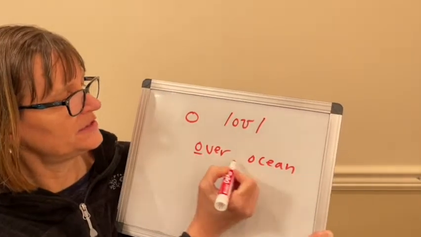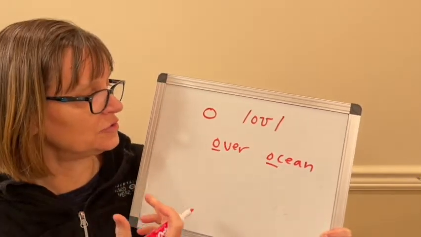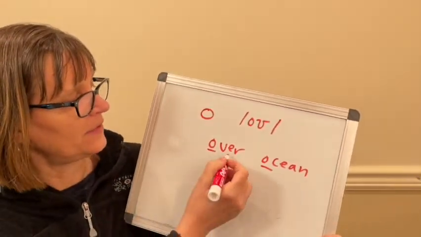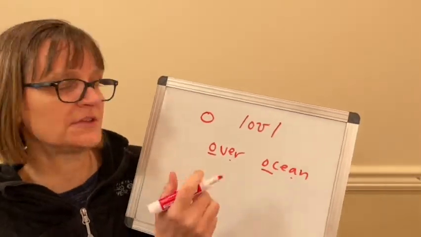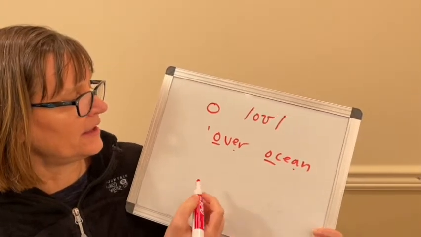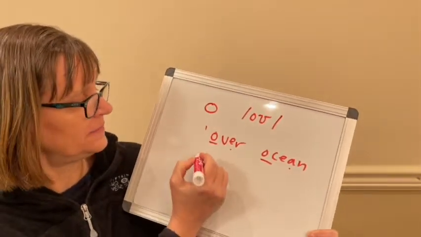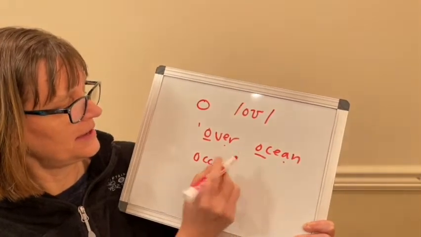In these words, the O is stressed and it's the true clear vowel, and the second syllable is unstressed. Over, ocean, the O is long and it's held longer. It can also say ah when it's stressed, like as in occupy.